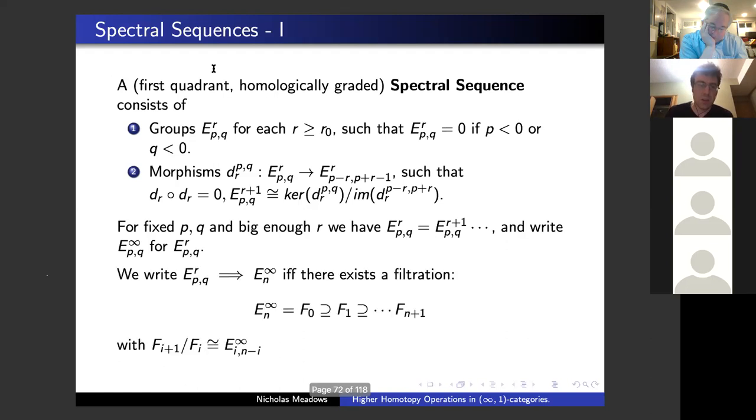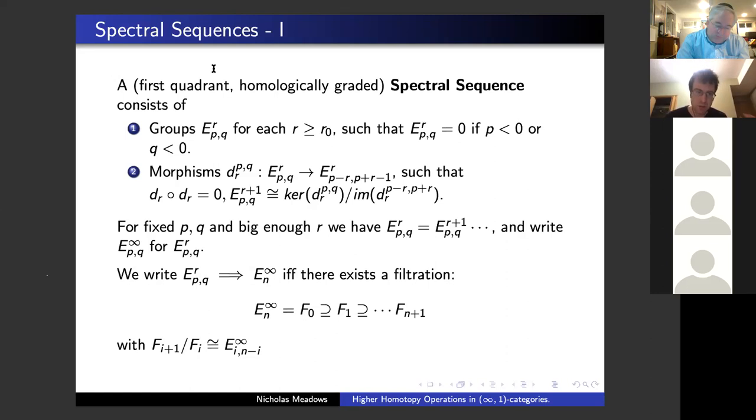So we say that a spectral sequence converges to some group E_n infinity, some collection of groups E_n infinity, if and only if there exists a filtration of this group, so that the quotients at each stage of the filtration are given by the E infinity terms.